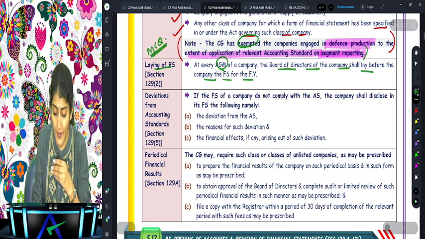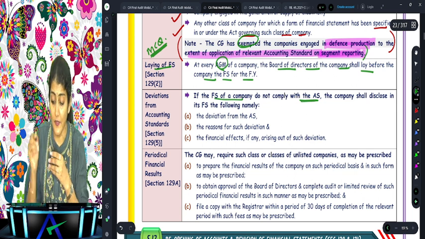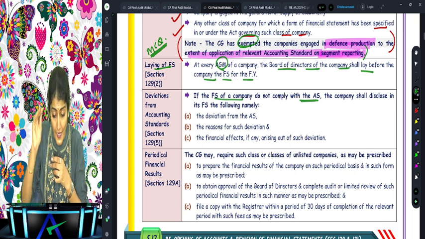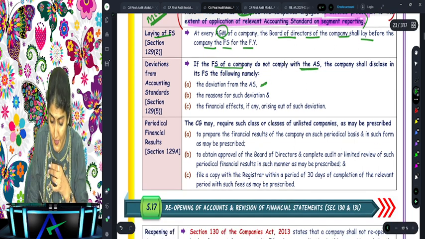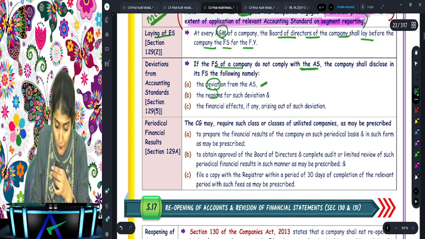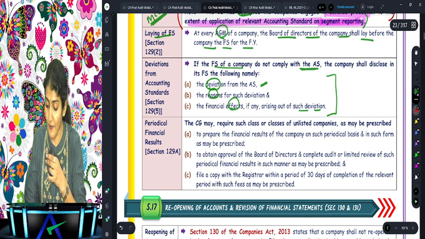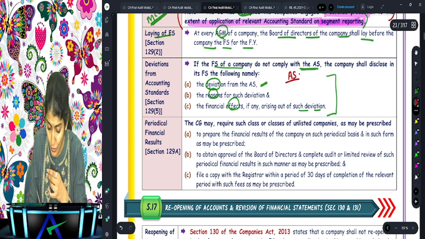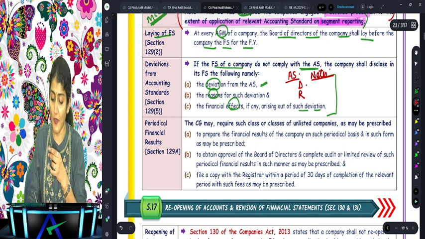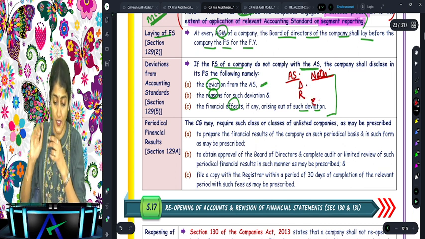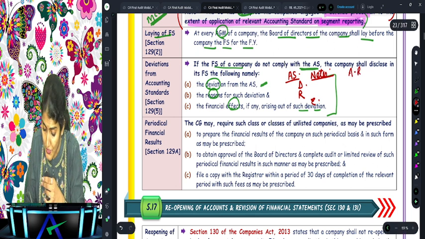Then if the financial statements do not comply with an AS, then the financial statements will disclose the deviation from the AS, the reason for the deviation, and the financial effect of such deviation. So any accounting standard not followed, what will management disclose in the notes? The deviation from the AS, the reason for the deviation, and the effect of such deviation. And where will the auditor mention in his audit report?